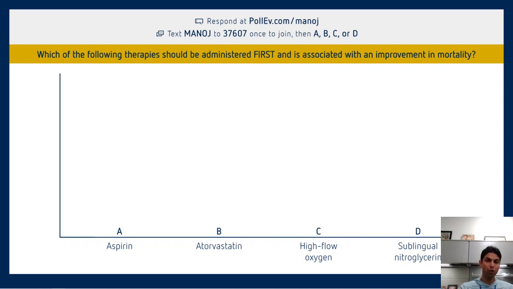So when I was a medical student, a resident, a cardiology fellow, and early on as an attending, and I've only been an attending for about 4 years now, I was administering high-flow oxygen. But in 2018, we had what's called a systematic review. That's a meta-analysis, a study of multiple randomized controlled trials.